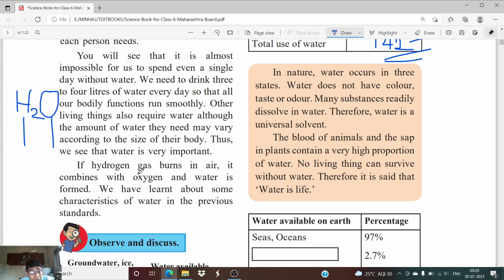If hydrogen gas burns in air, it combines with oxygen and water is formed.